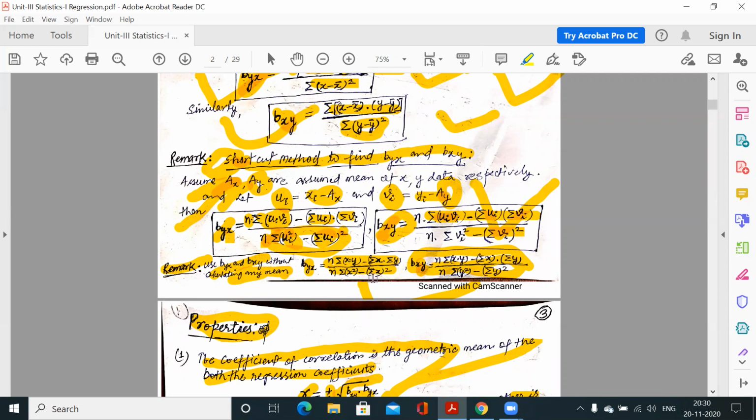In this case, we don't need any arithmetic mean or assumed mean or any difference using the means. Here we can directly substitute in the formula, since we have been given summation x, summation y, summation xy, summation x square, summation y square. We must remember this formula because this is the only choice we have.